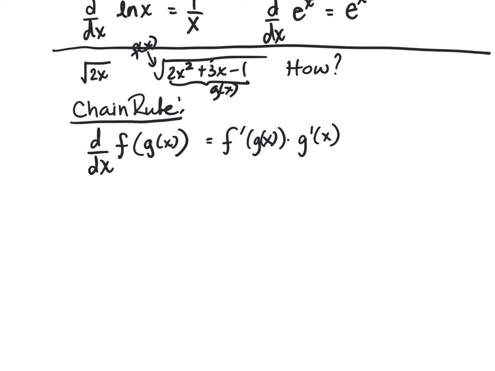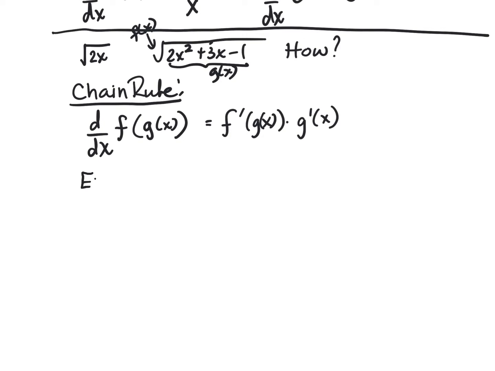Let's say we have, for example, x squared plus 1 to the 100 power. This is chain rule worthy because you've got something inside: this is g of x, and the whole thing, including this, is f of x.